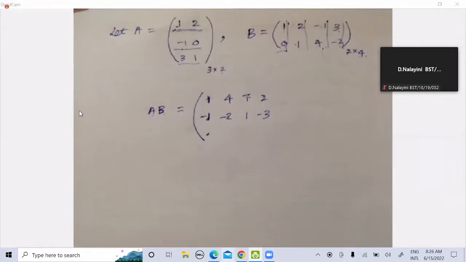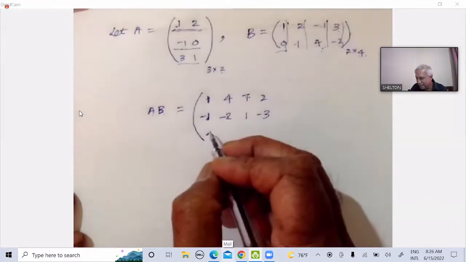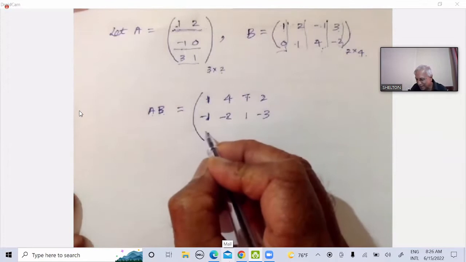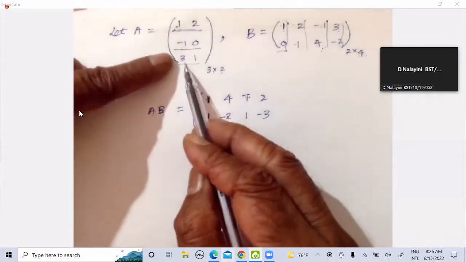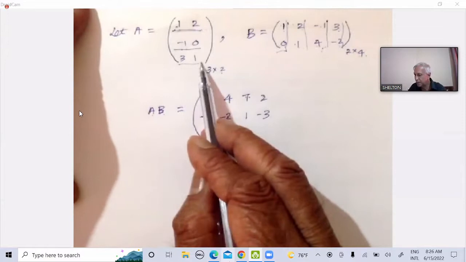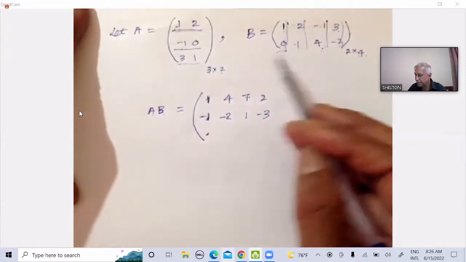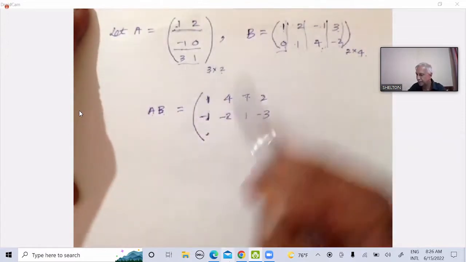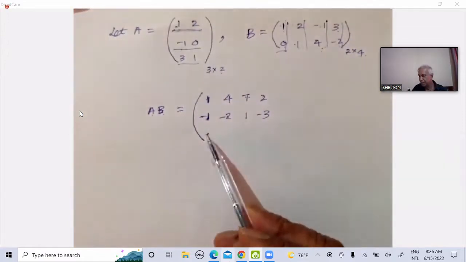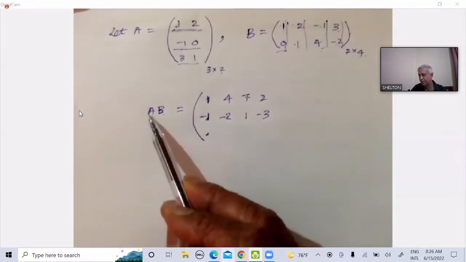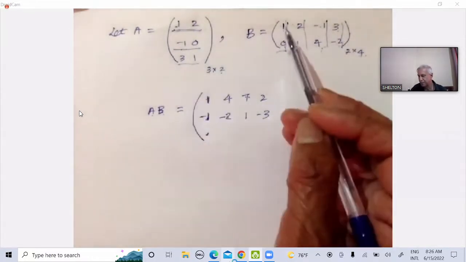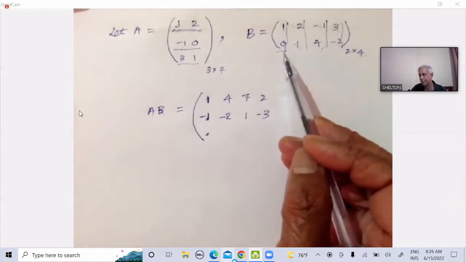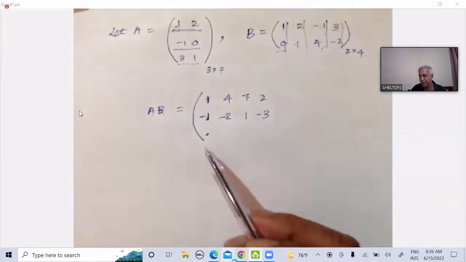Yes? 3? Yes, please. Go ahead. 7. 3. This one times this. This is the third row, first column of the product. So the third row is taken from the first one, the first column is taken from the second one.